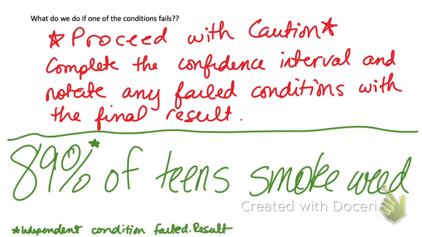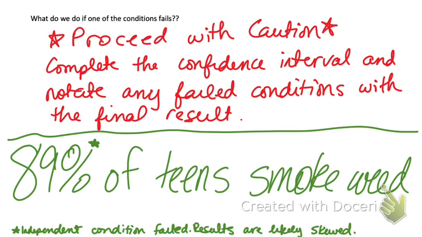Results are likely skewed. So they go ahead and tell you this particular statistic, but then they give you this little fine print that says, yeah, these are probably not very valid statistics.